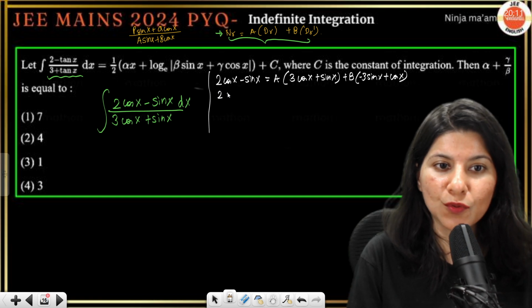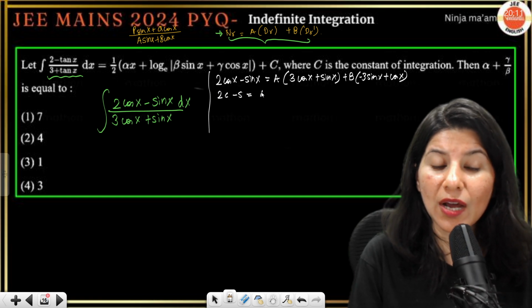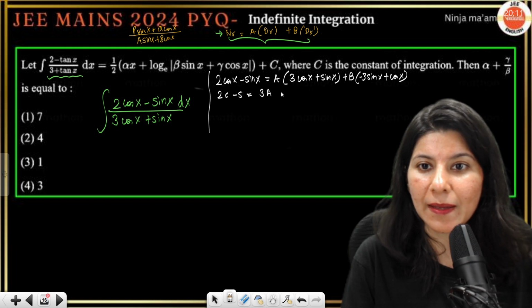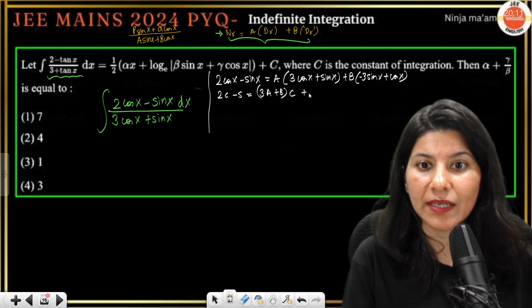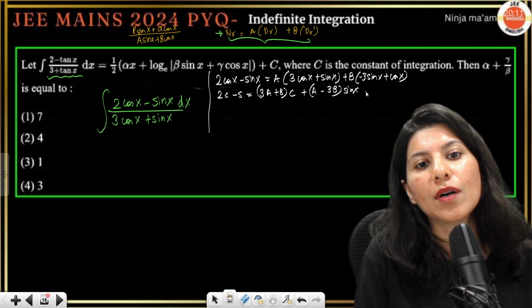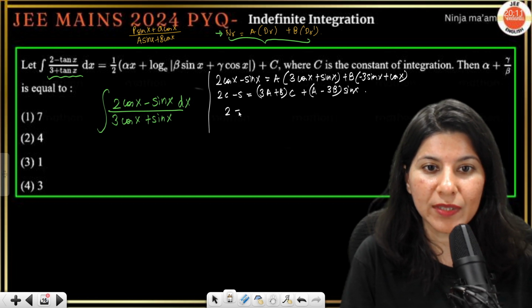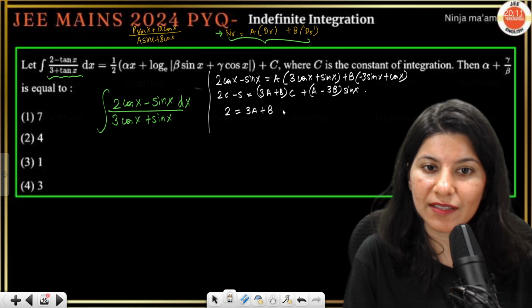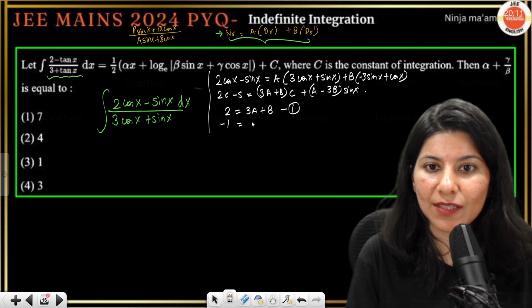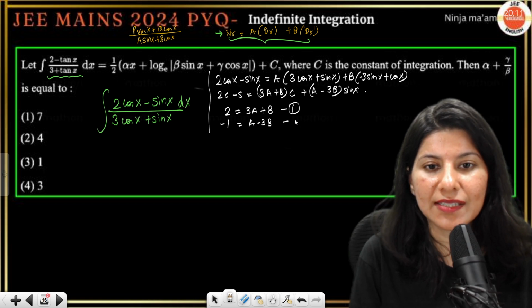Now collect the coefficients of cos: (3a + b) cos x and (a - 3b) sin x. Now just equate. 2 equals 3a + b, that is the first equation, and the coefficient of sin x, minus 1, equals a - 3b, this is the second equation.